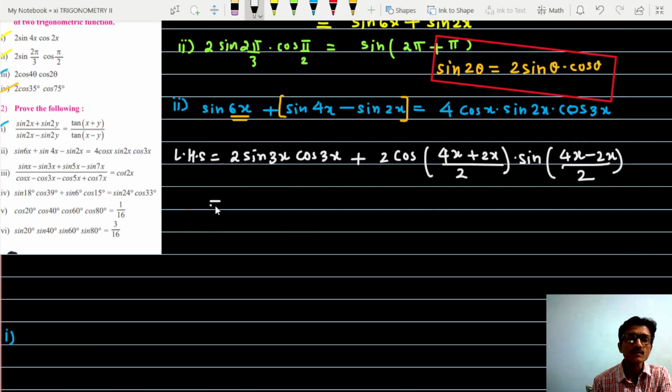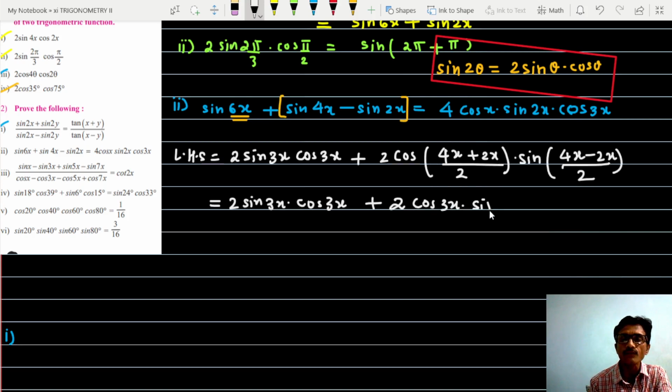So what will be this? 2 sin 3x into cos 3x plus 2 cos 4x plus 2x, 6x divided by 2, it is 3x into sine of 4x minus 2x is 2x upon 2, that is x.